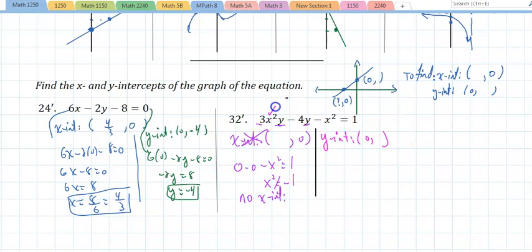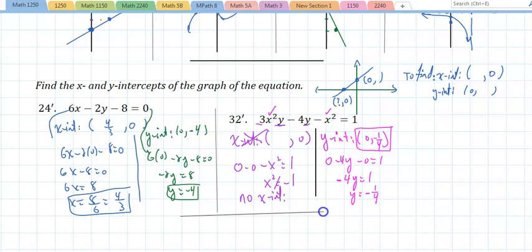So a 0 right there and a 0 right there will leave me with 0 minus 4y minus 0 equal 1. Or I could simply just write negative 4y equal 1, or y equals negative 1/4. So that y-intercept is, when x is 0, y is negative 1/4.